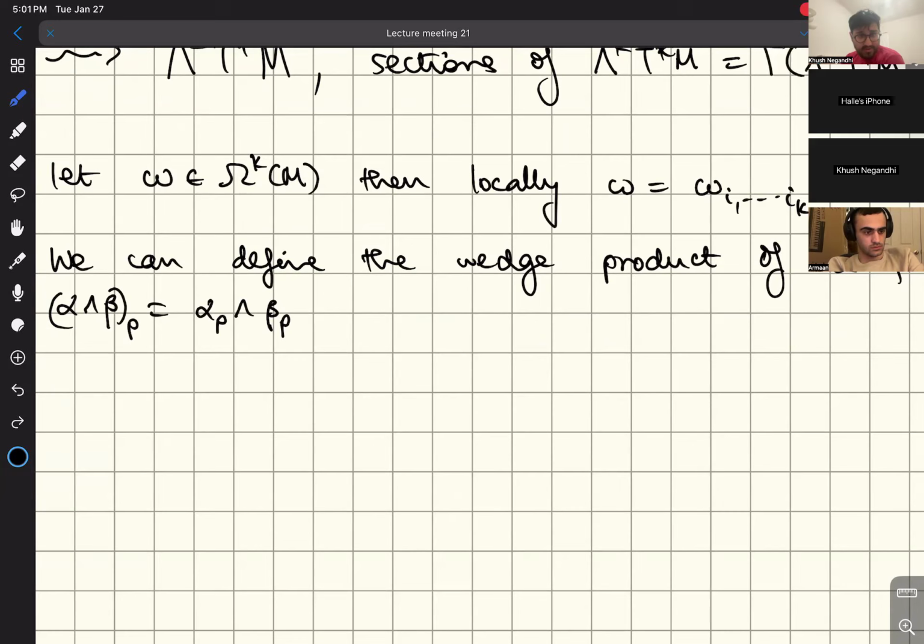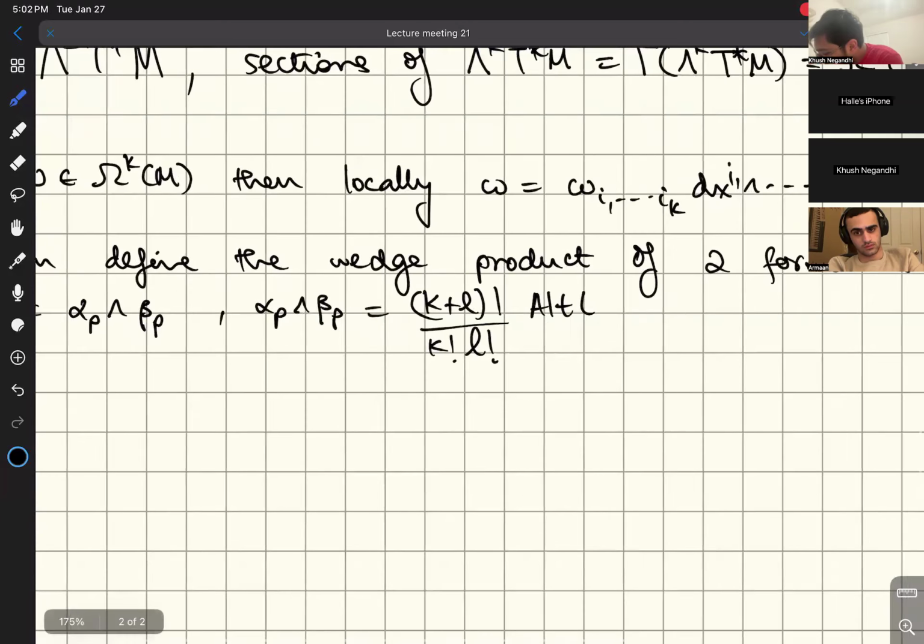Just as a reminder, the wedge product was defined as: alpha p wedge beta p is equal to (k plus l) factorial over k factorial l factorial times the alternator of alpha tensor beta.